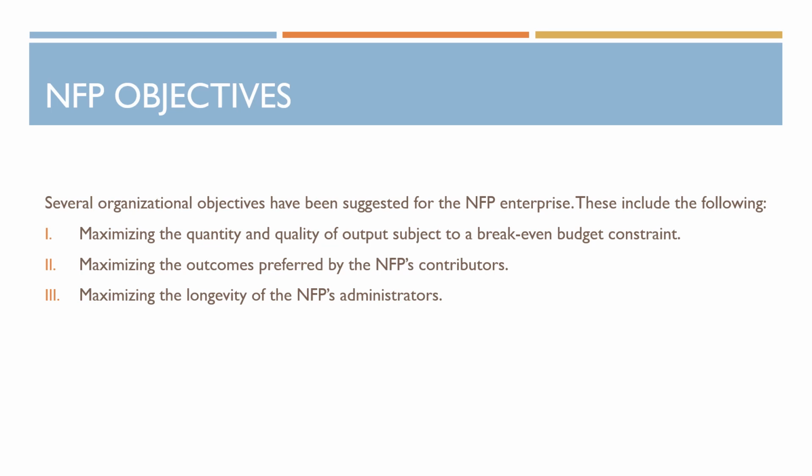As a result, finding an objective function or mission for those organizations is always the first thing to consider before we try to figure out what kind of strategies make the most sense to maximize the use of resources in those organizations or enterprises.